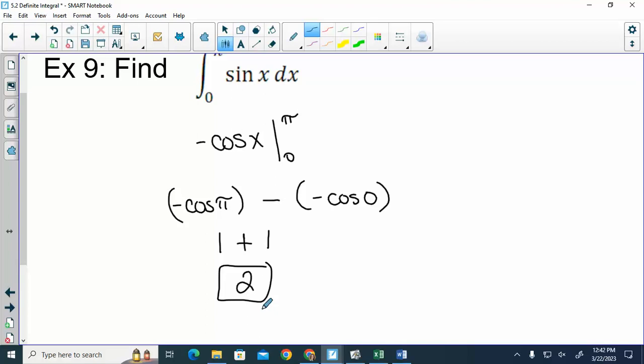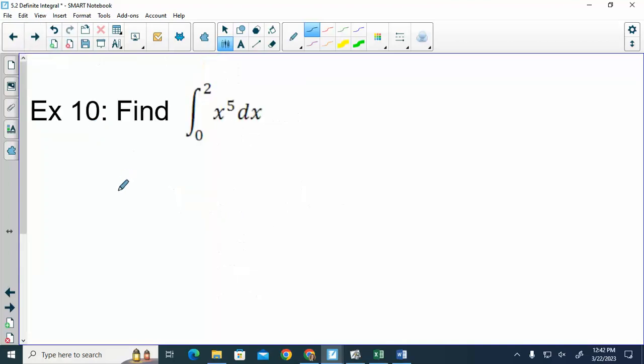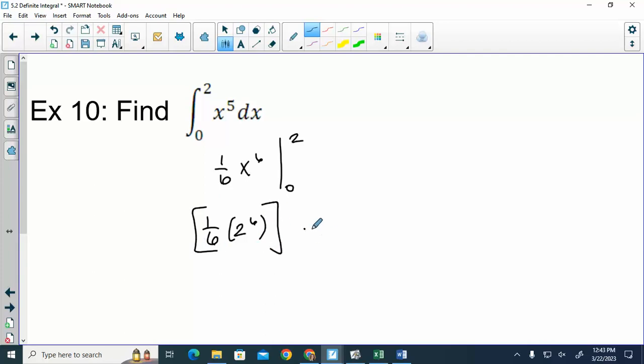Coefficients here? Why don't you guys try this one? So, antiderivative of x to the fifth is 1/6 x to the sixth. And I'm evaluating that from 0 to 2. So we're going to do 1/6 times 2 to the sixth minus 1/6 times 0 to the sixth.